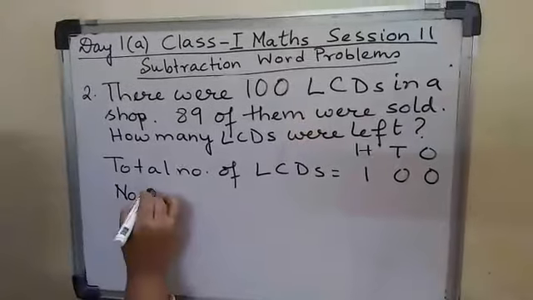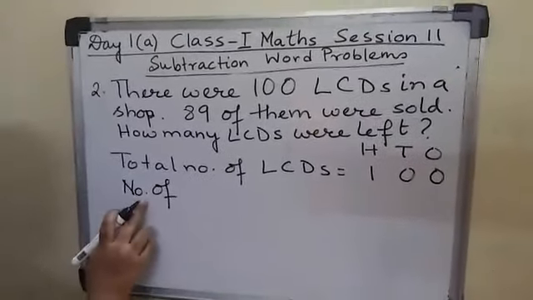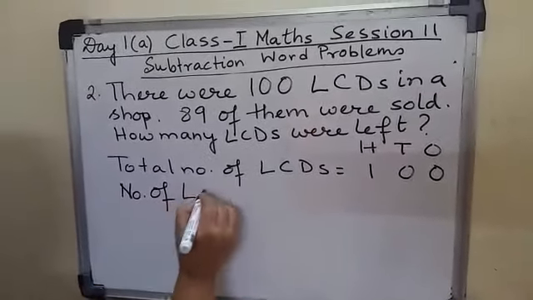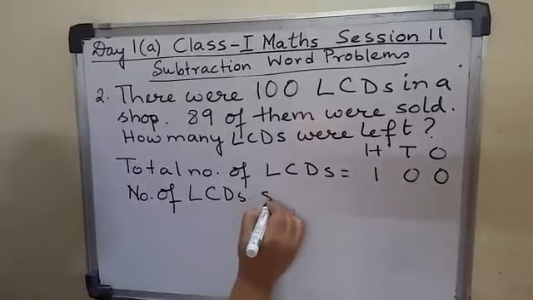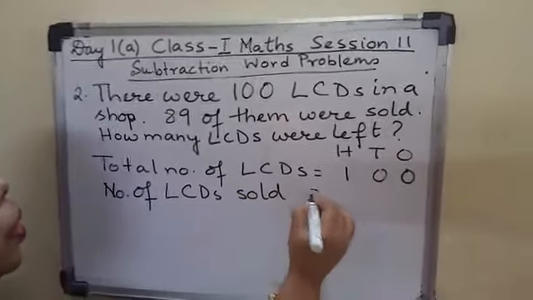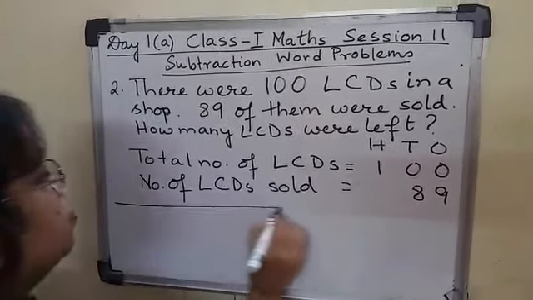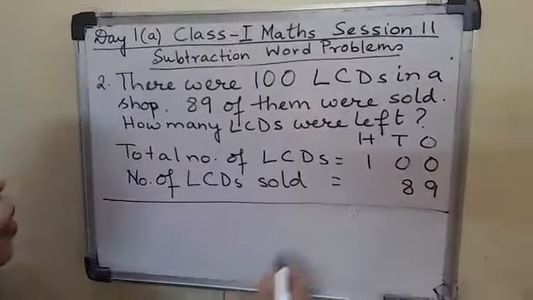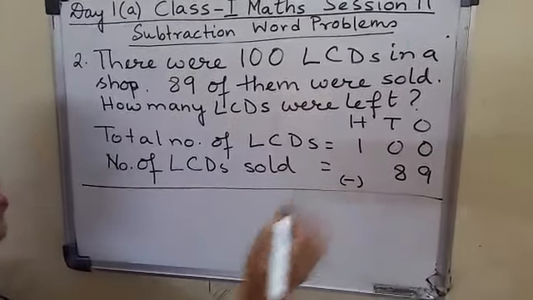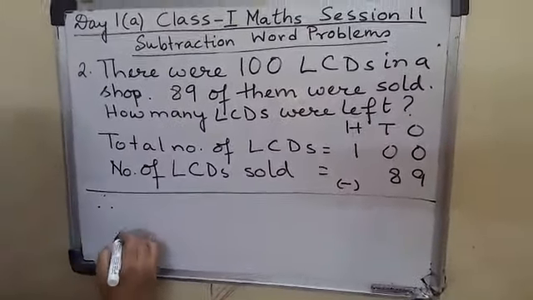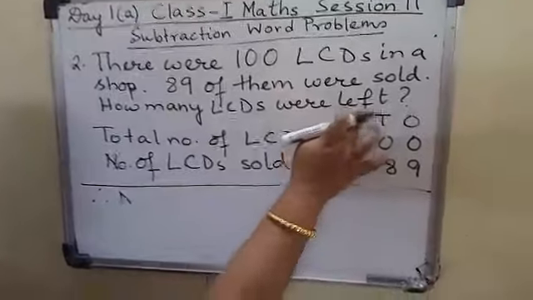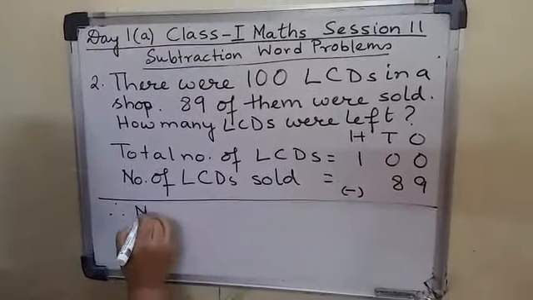Number of, you already know NO full stop means number. Number of LCDs sold equals to 89. Then we write down, draw this line, then put minus sign here. Therefore, I told you this left means subtraction.